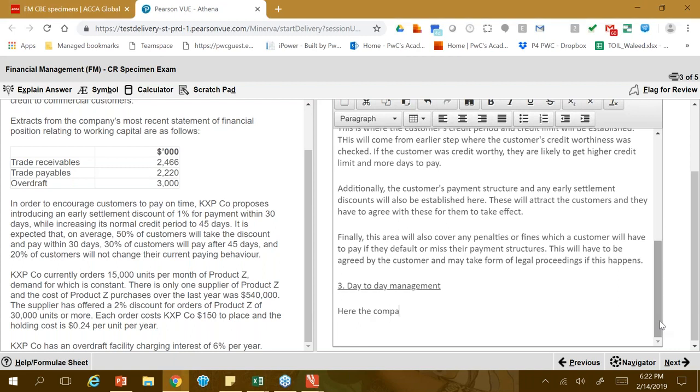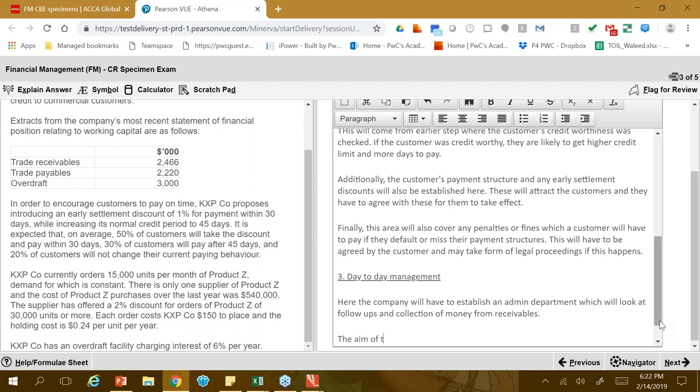Here, the company will have to establish an admin department which will look at follow-ups and collection of money from receivables.